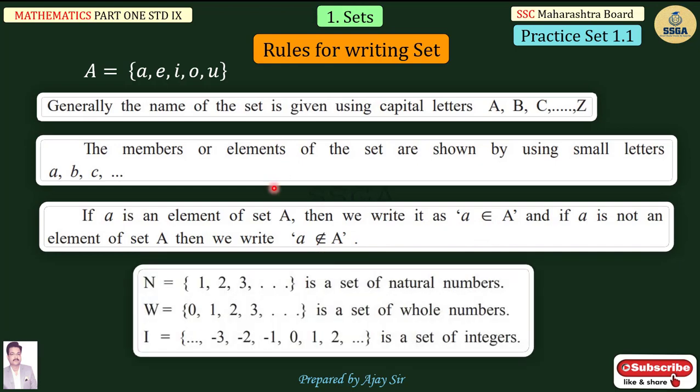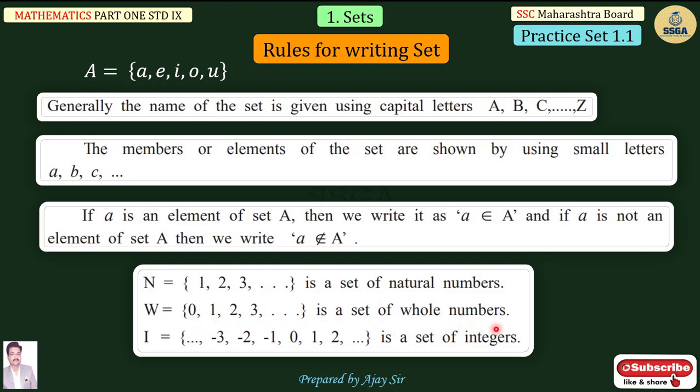Now these are some examples of types of number sets. N indicates natural numbers. Natural numbers we can write in curly brackets, all natural numbers like this: 1, 2, 3 and so on. So this is the set of natural numbers. Similarly, whole numbers are indicated by W. Therefore, it is the set of 0, 1, 2, 3, 4 and so on. It is starting from 0.